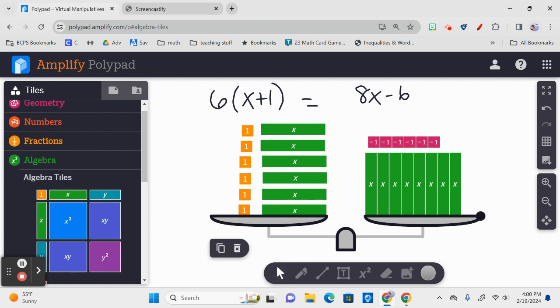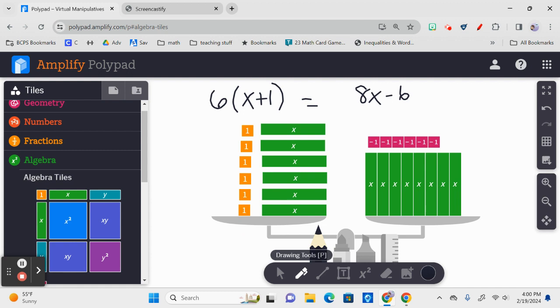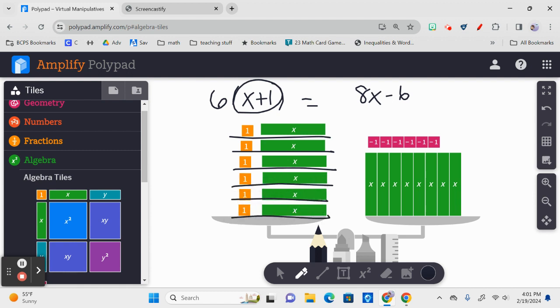So when I've got 6 times x plus 1, that really means 6 groups of x plus 1. So you can see I've got 1, 2, 3, 4, 5, 6 groups of x plus 1. Could I rearrange that? Yes, I know I've got 6 x's and 6 constants of 1, so I could call it 6x plus 6.